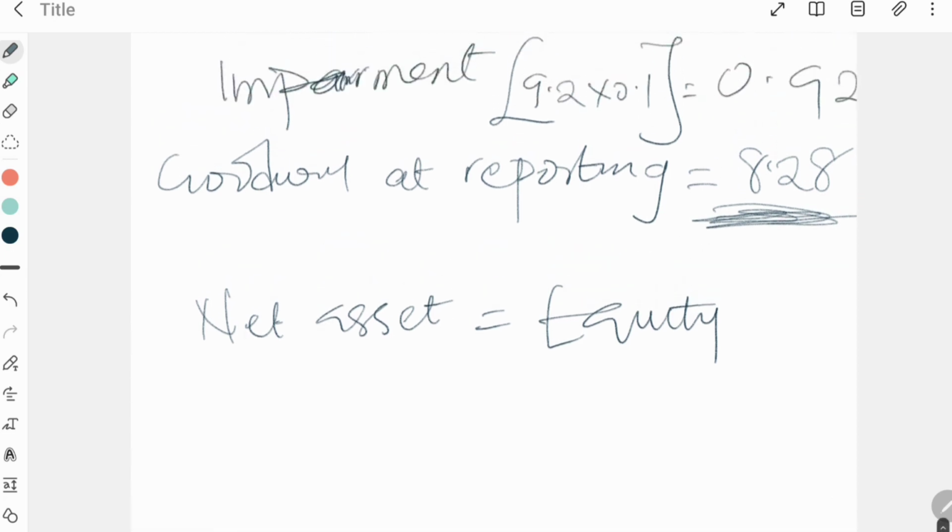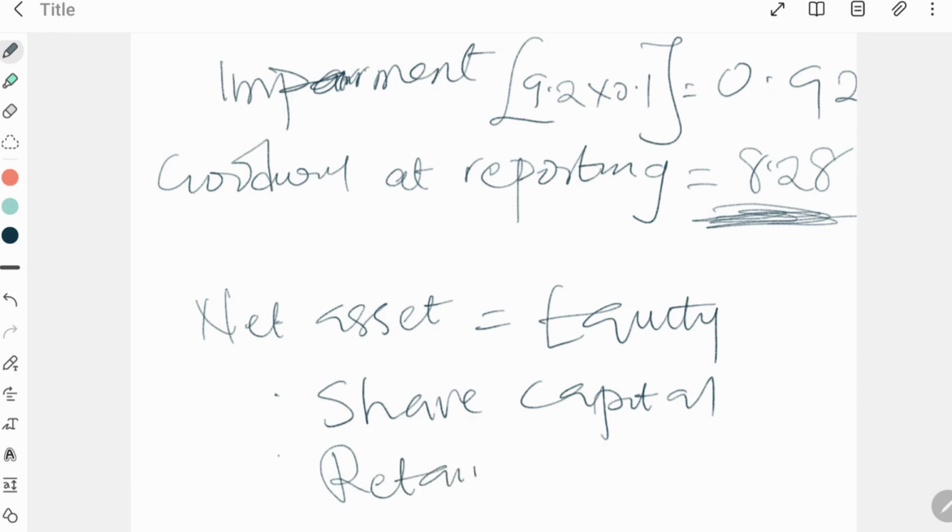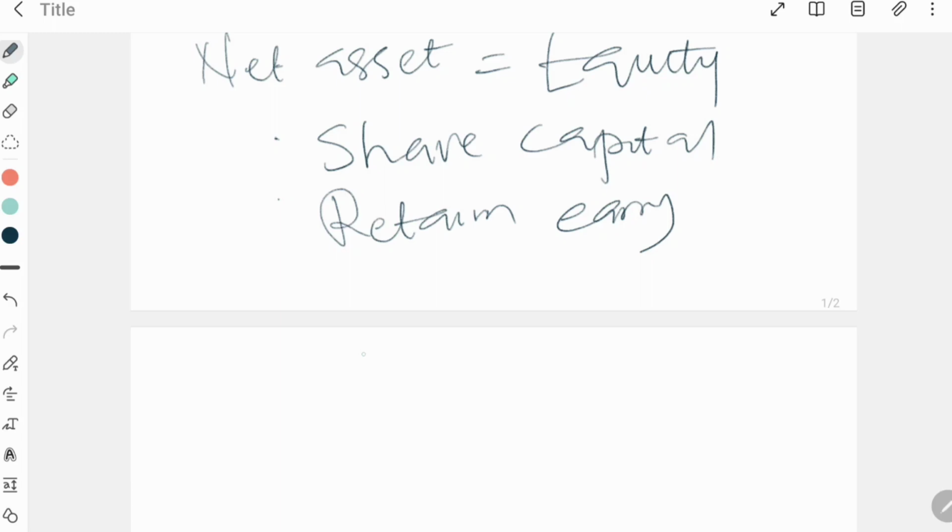And we know that equity constitutes share capital, retained earnings, and also any revaluation that has occurred during the year.